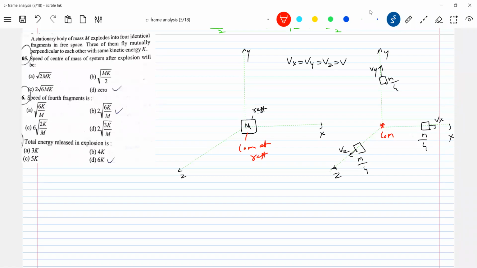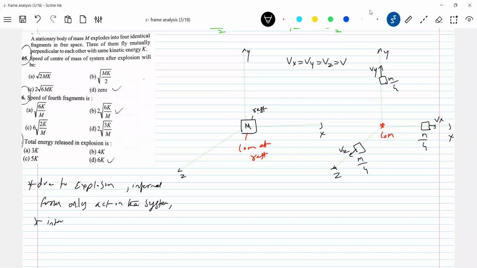Internal forces due to explosion only act on the system, so internal forces cannot accelerate the center of mass. Already we have concluded this.